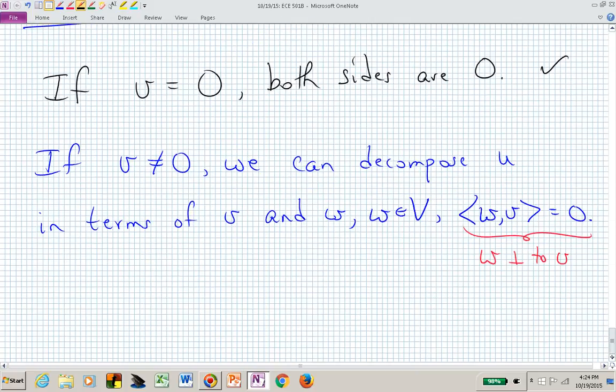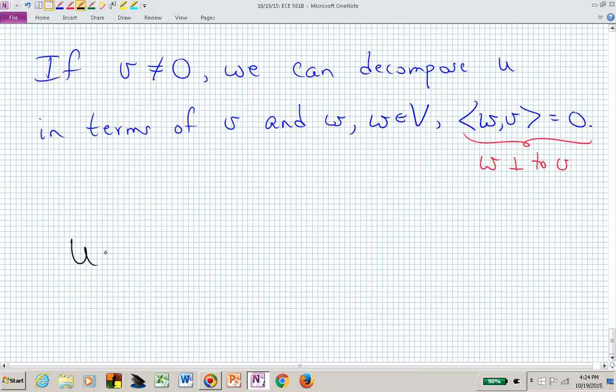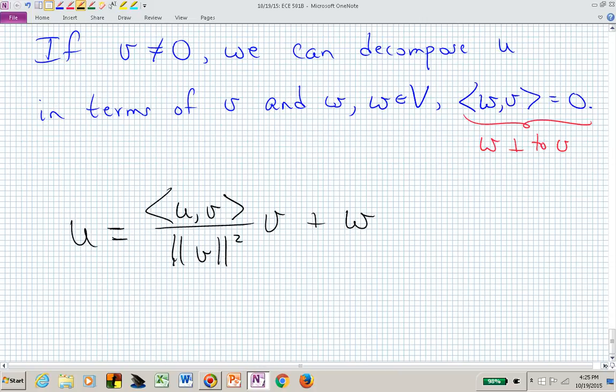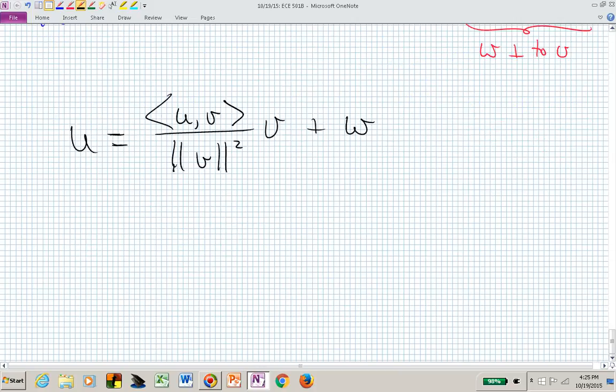Again, we're starting with two vectors, u and v. Let's now decompose u into av plus w, and we're going to select a the way that we learned how to select it: the inner product of u and v divided by the norm of v squared, times v. And let's just keep track of w. w is u minus av, but we don't really need to say anything more than just w for now.